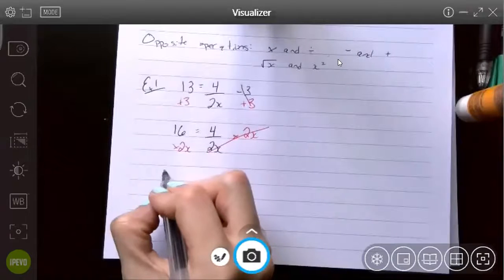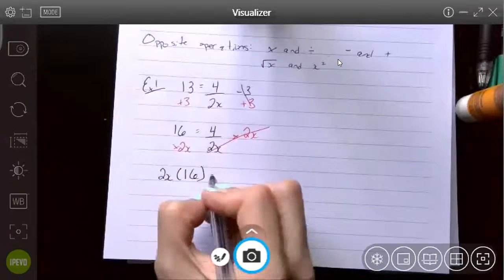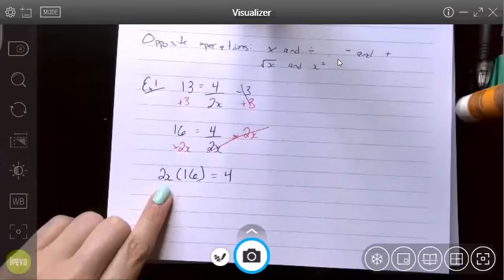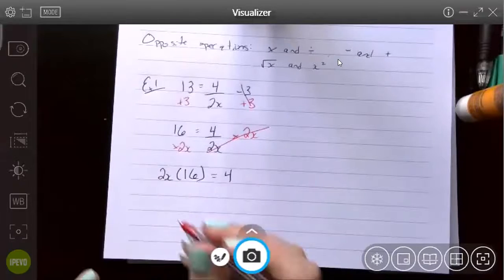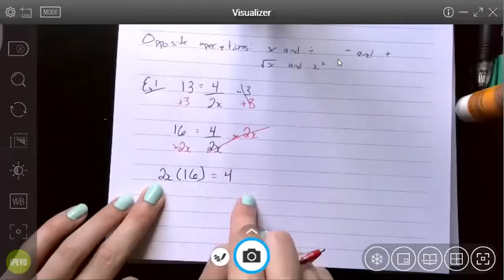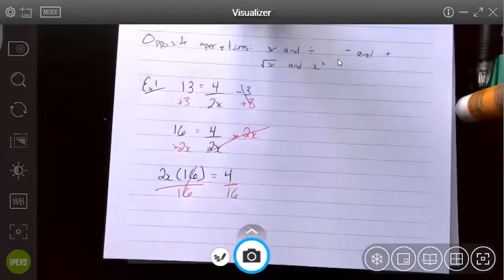So that leaves us with 2x times 16 equals 4. Now we're still on this side trying to get everything away from the x. So you can either multiply the 2 and the 16 together and then move them, or move them one at a time, which is what I'm going to do.